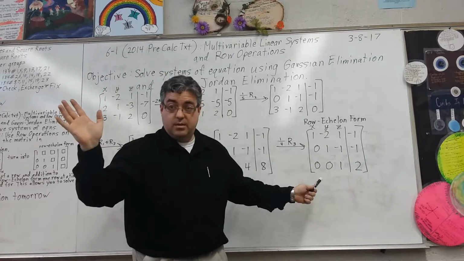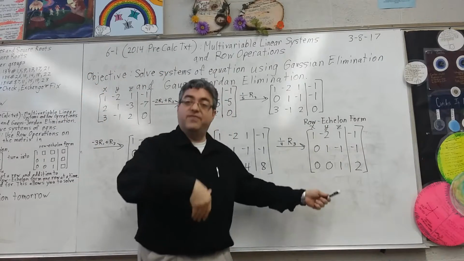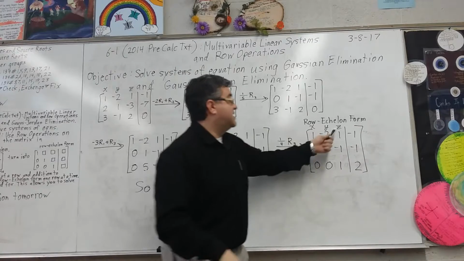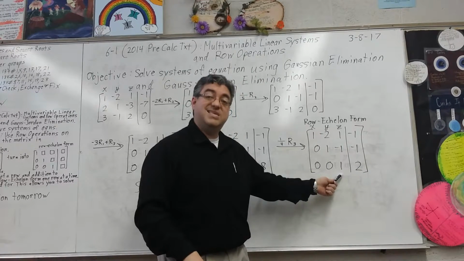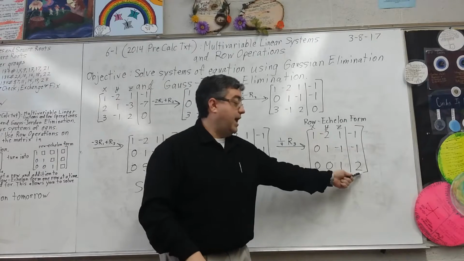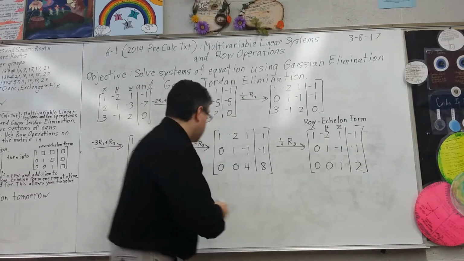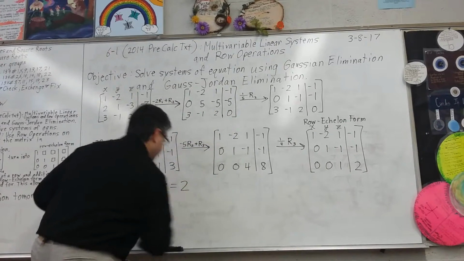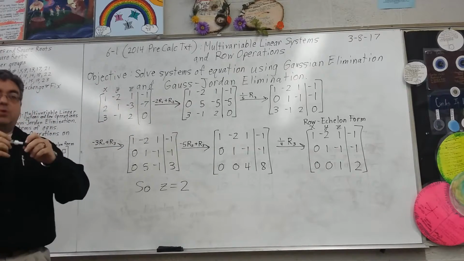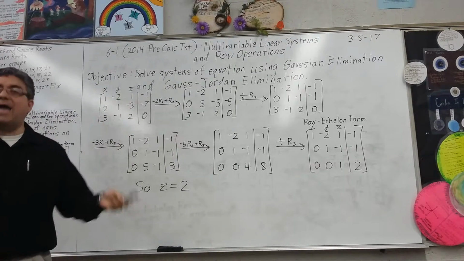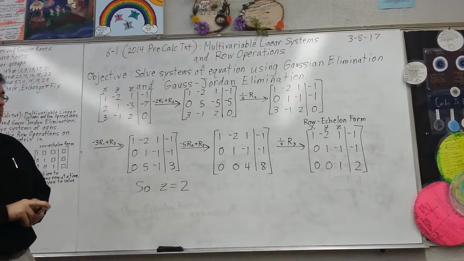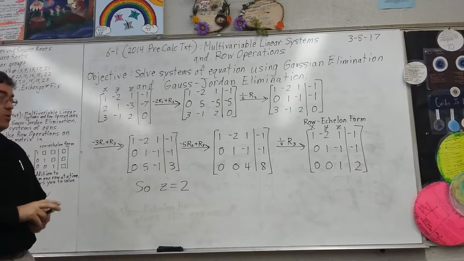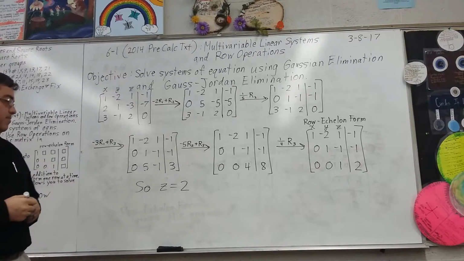We've eliminated it. Y is 0, we've eliminated it. Z times 1 is z. And its answer is 2. So z equals 2. That's why we did all that work. It'll just always be the number in the last number, as long as you put it in the row echelon form.